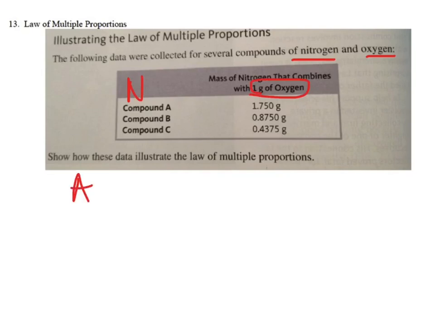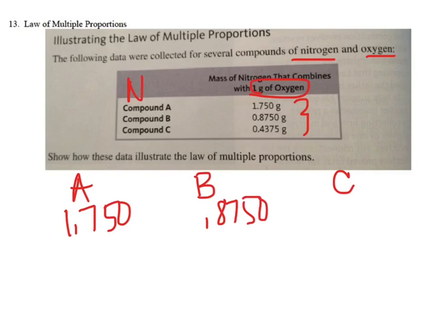So if we have compound A, compound B, and compound C, we want to get these numbers into whole numbers. We're going to look at each one and divide it by the smallest number. So A is 1.750, B is 0.8750, and C is 0.4375.